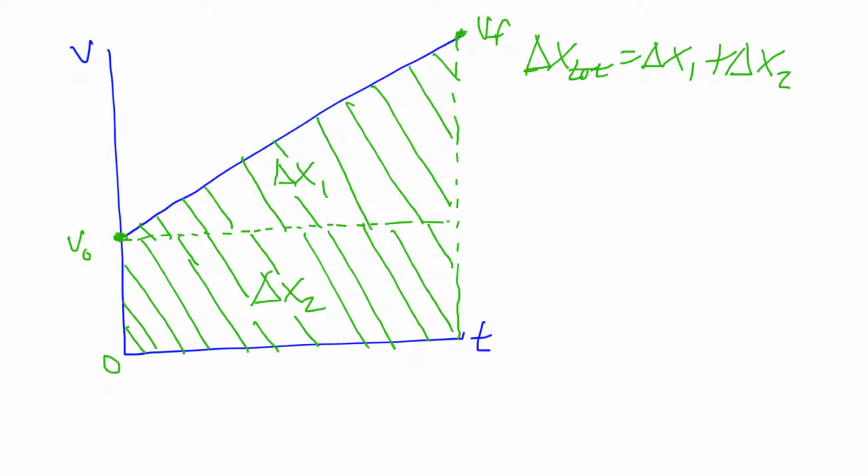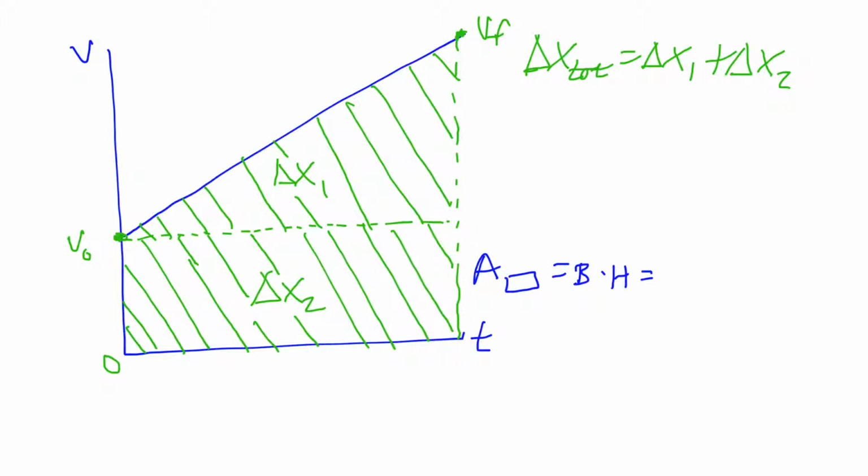Okay, so let's see here. We know that the area of a rectangle is the base times the height. The base is going to be time, and the height is going to be our velocity.